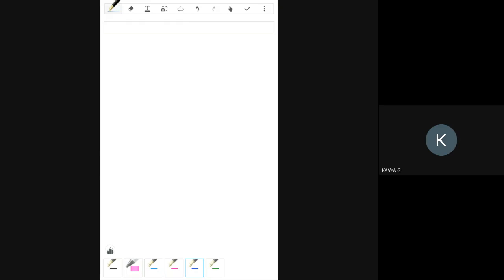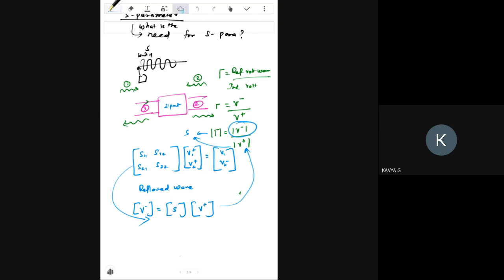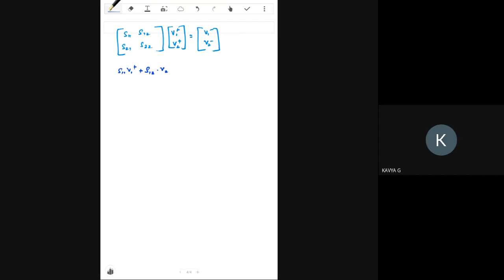If I take that matrix and expand it as an equation, let us write it. I think you are good in mathematics, so correct me if I am wrong. V1 minus equals S11 V1 plus plus S12 V2 plus, and V2 minus equals S21 V1 plus plus S22 V2 plus.